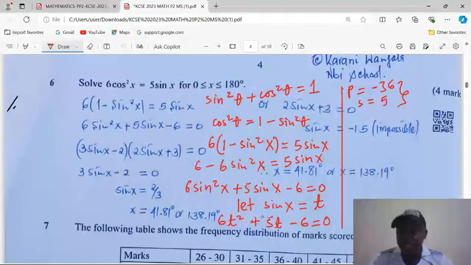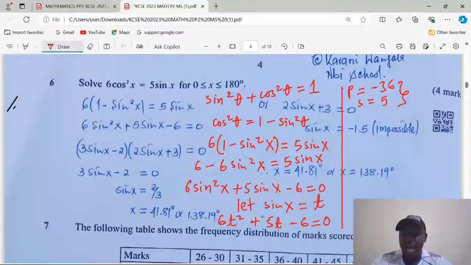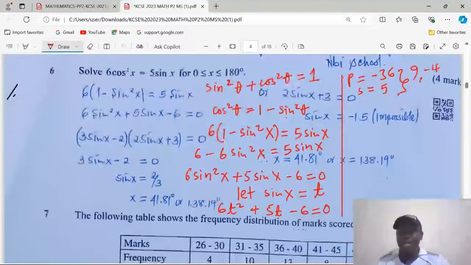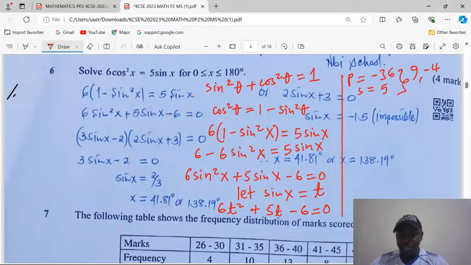They must be 9 and negative 4. We substitute them now. For those who don't know how to solve a quadratic equation, flow together up to the last point.